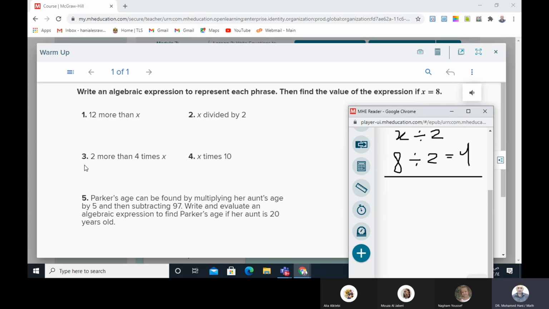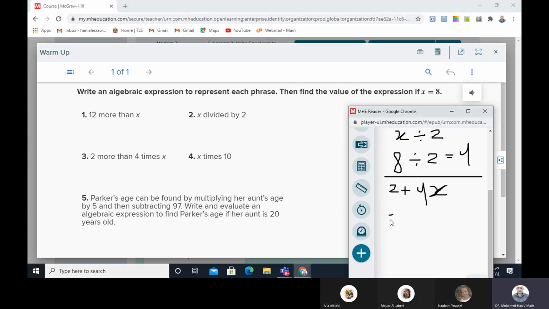The third question here, 2 more than 4 times x. Who can tell me what is the expression here? 2 plus 4 times x. 4 times x means 4x. Thank you, Moza. Great work. 2 plus 4x, this is the expression.